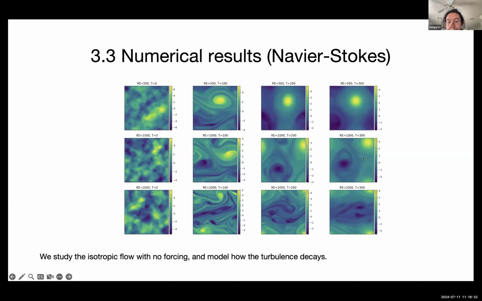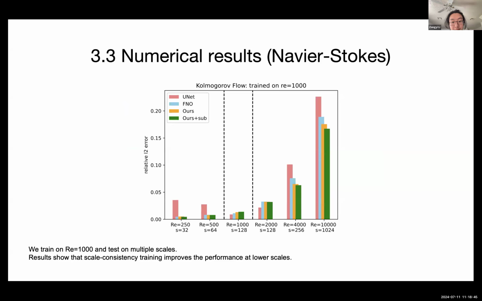And also the Reynolds number examples. So the datasets are generated on the unit one-by-one domains with different Reynolds numbers. But we're only given one dataset, Reynolds number 1000, and we want to see how it generalizes to different Reynolds numbers from 200 to 10,000.